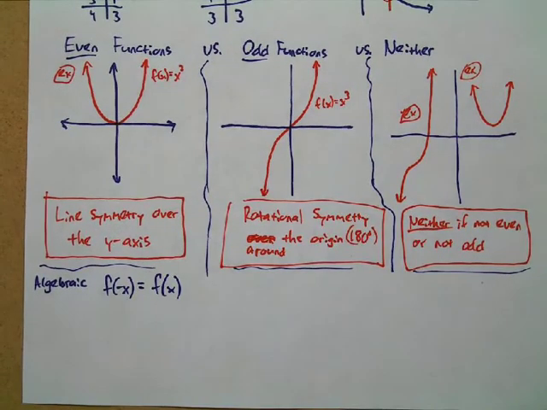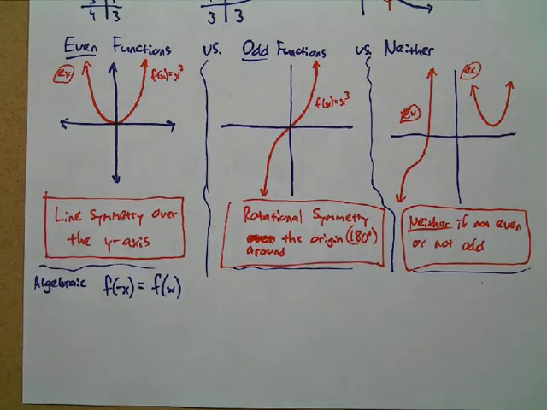If you start with a function and you're asking yourself, I wonder if this function is even, you plug in negative x for all your x's, simplify it, and if it simplifies back to the original function, then you know that your function's even. Let me do an example of that real quick.